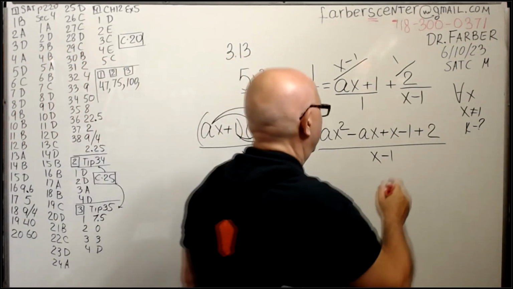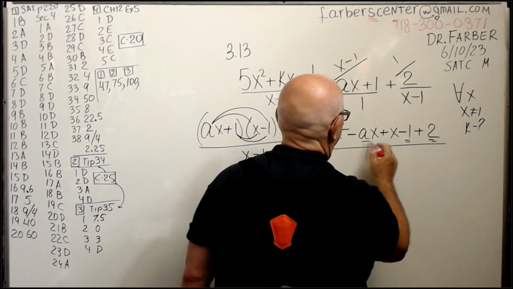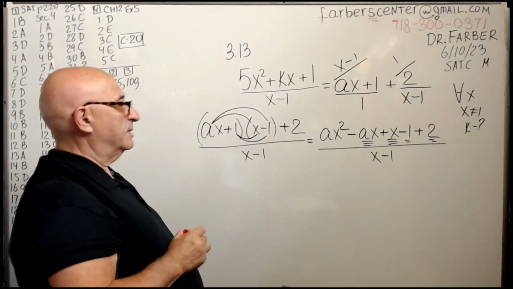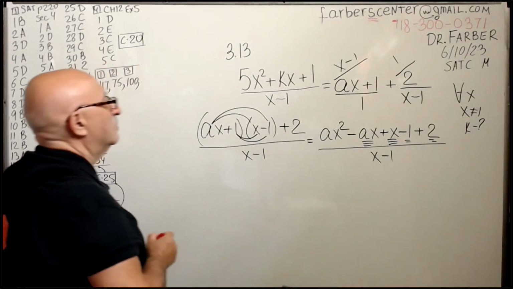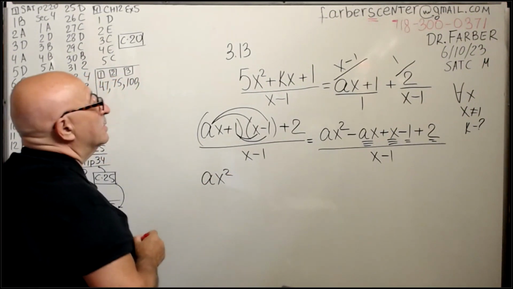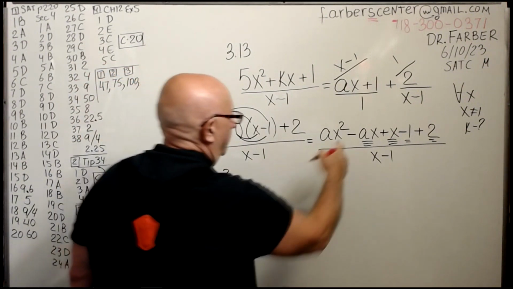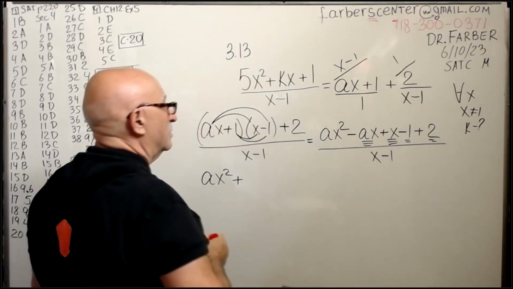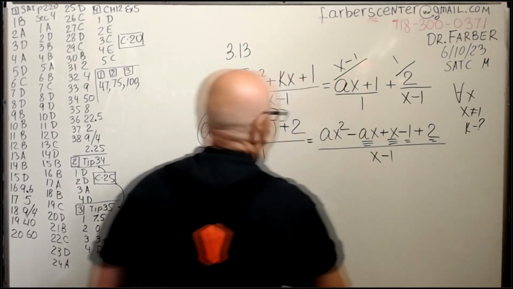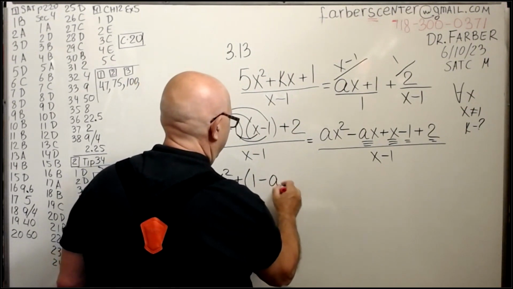Combine like terms, and combine these terms together. Why? Because they have the common factor x. I have ax to the second, plus, if I combine two of them and put x outside of parentheses, I have 1 minus a times x.